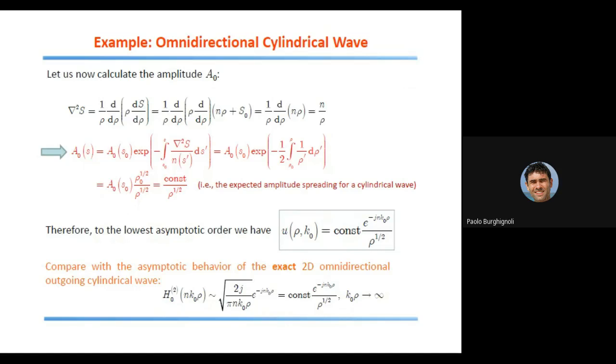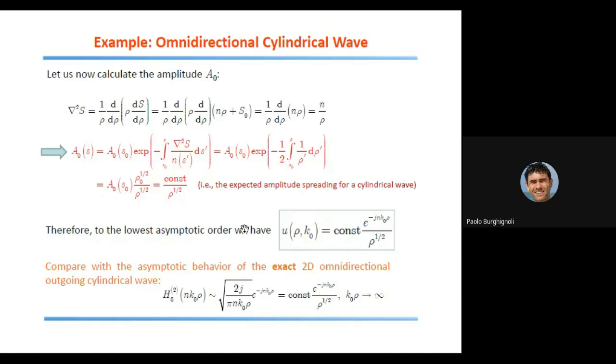The amplitude must decay by increasing rho, and it must do so in order to maintain the power flux the same across any wavefront. So this is the 1/2 exponent here, which gives you this conservation of power.